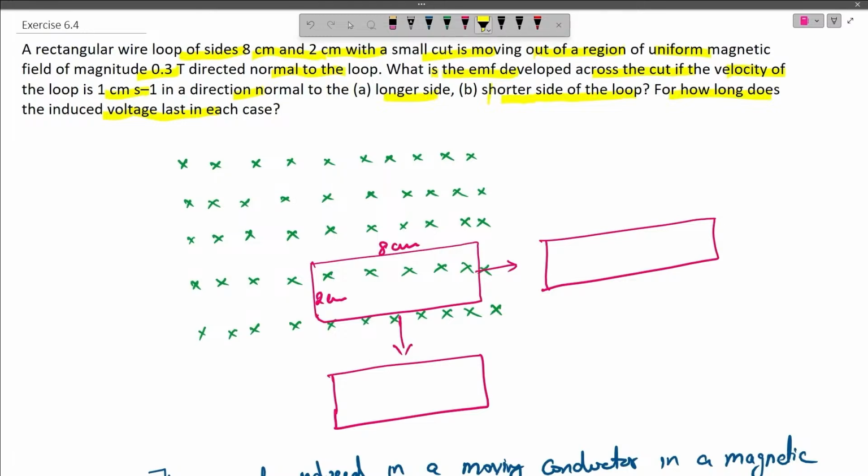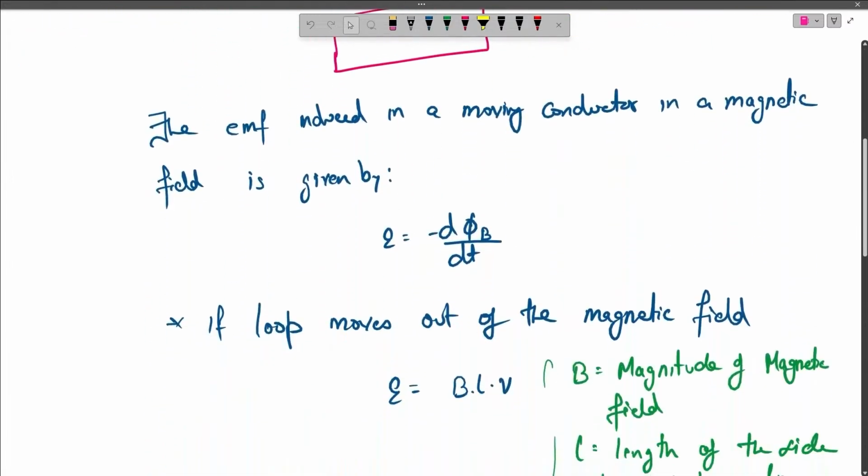Now when this loop is taken out of the magnetic field in either way, parallel to the 2 cm side or parallel to the 8 cm side, we have to calculate the induced EMF in both cases, and also find for how long the induced voltage lasts.